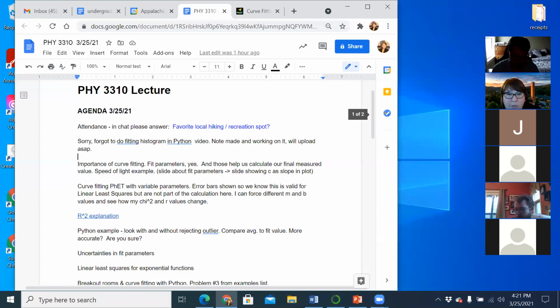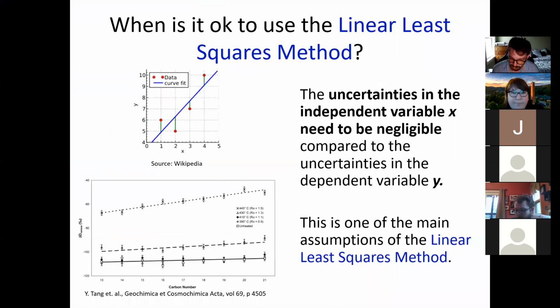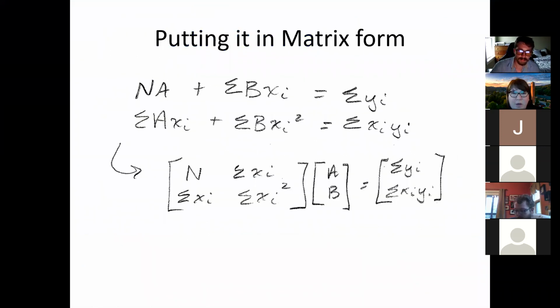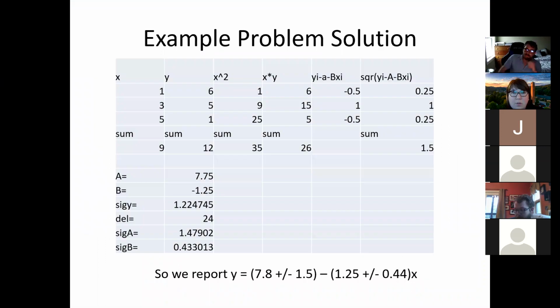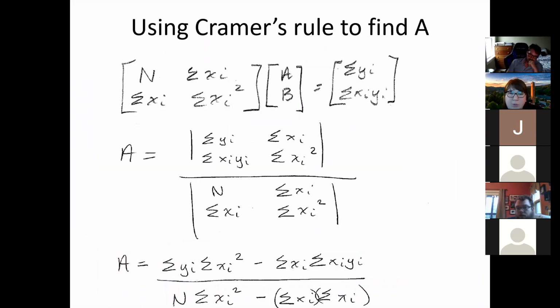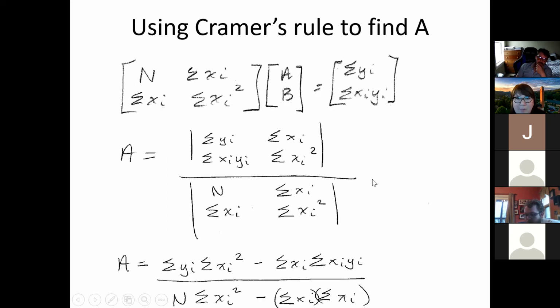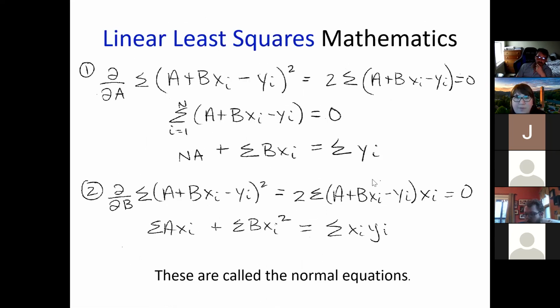All right, we're going to go back to the PowerPoint slides that we were looking at the other day. We left off with basically two equations down here, the first one for A, and on this slide this one for B, where A and B were our fit parameters from the very beginning.